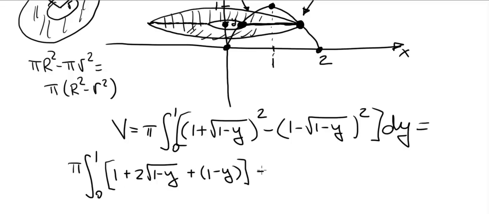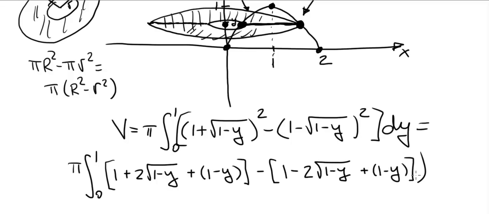And then we're subtracting from that 1 minus 2 times the square root of 1 minus y, and then plus 1 minus y, dy. And notice a couple of things. The 1s cancel. This one cancels with this one, and then 1 minus y and 1 minus y also cancel.